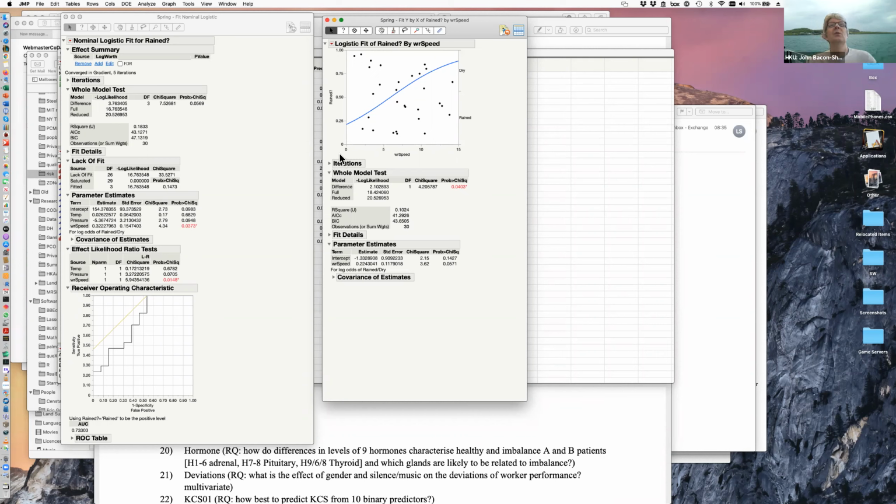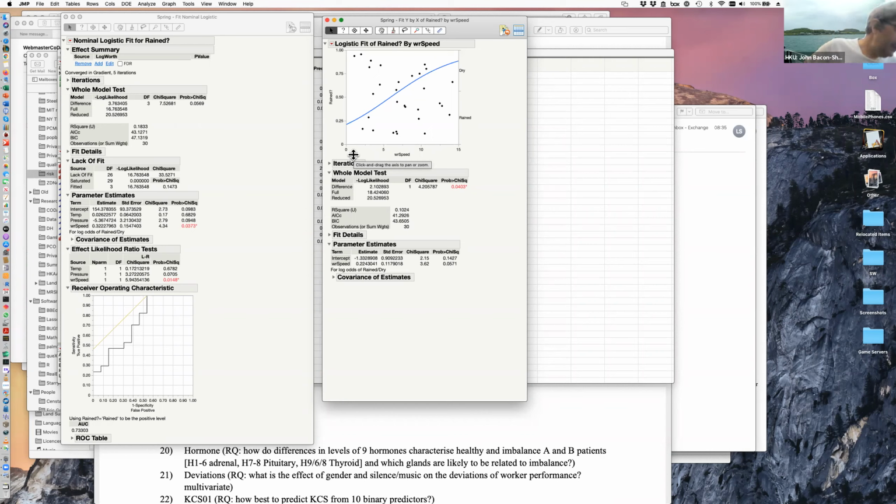So you can see that when the wind speed is 0, our model predicts about a 75% chance of dry. When the wind speed is 15, it predicts about an 80% chance of rain. Okay, so the model is not that great. We would probably need other variables in here to get good predictions or a much wider range of data.